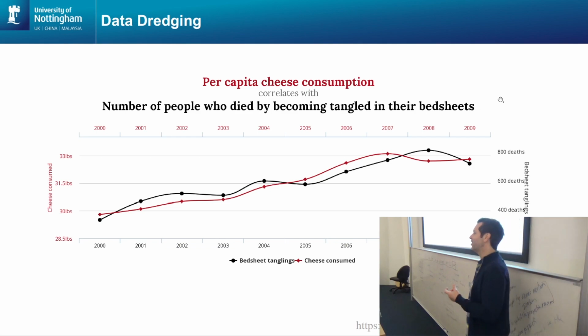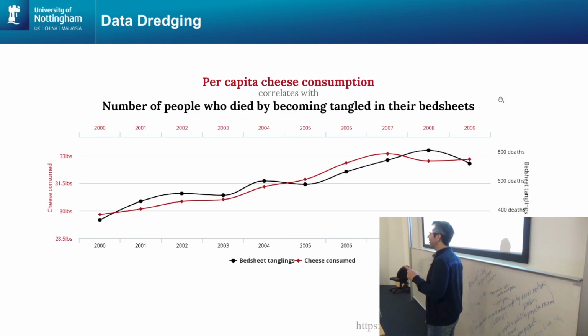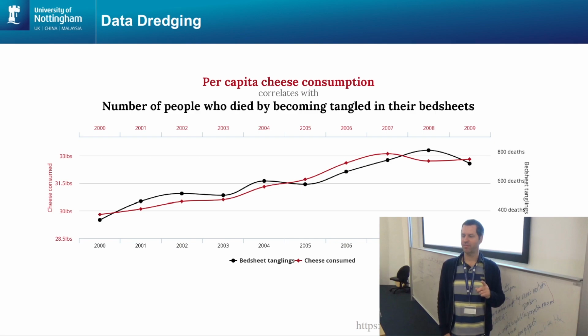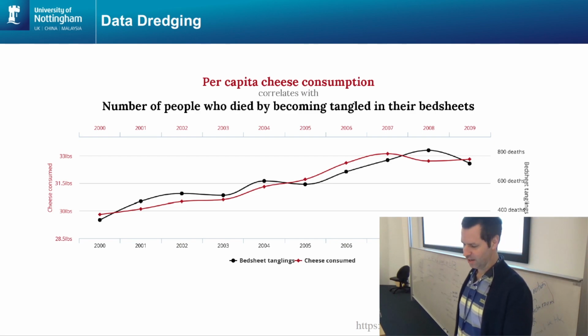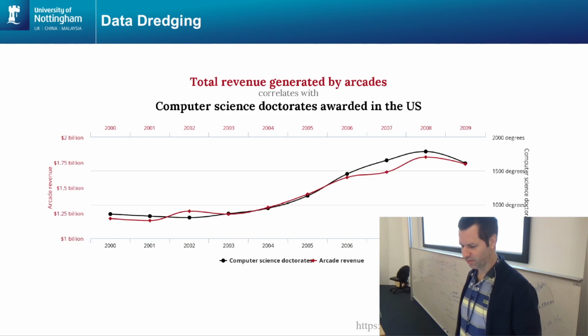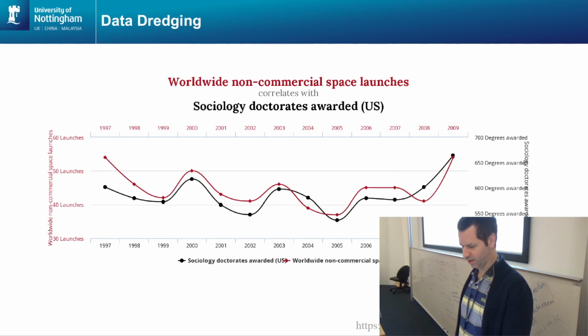There's no relationship there, but if we conduct enough experiments and run enough p-values, we can try to create an artificial relationship there. And there are some more. Total revenue generated by arcades versus the computer science doctorates awarded in the US. It looks like there's a relationship there, but it is not. And there's another example.